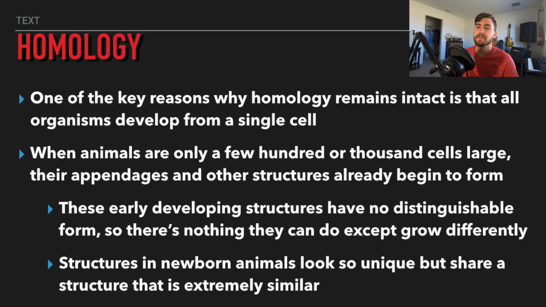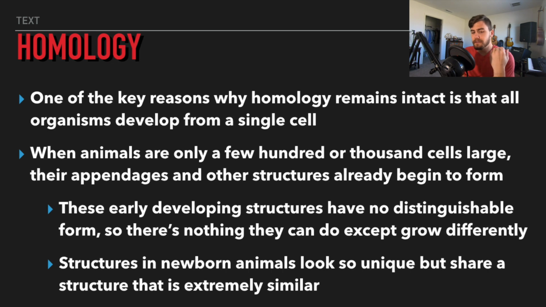But we do, and when animals are only a few hundred or maybe a few thousand cells large, their appendages and other structures already begin to form before you can even tell what they are. So these early developing structures have no distinguishable form. The arm starts off as just a little bud. There's no fingers, there's no bones, there's nothing in there, right?